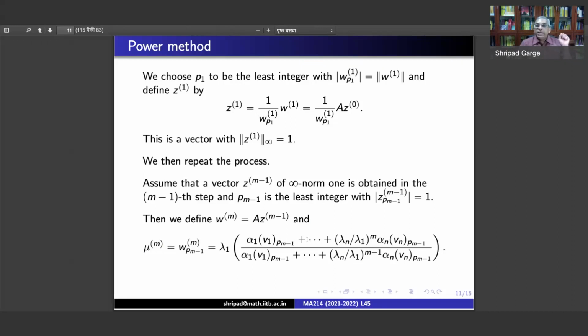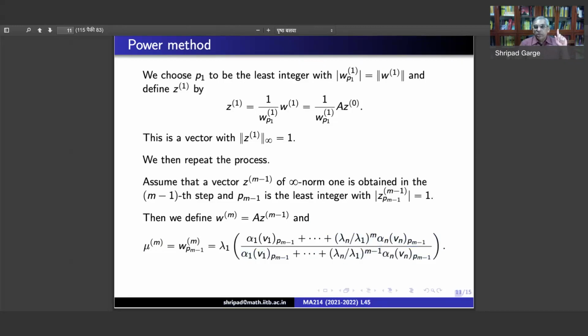The remaining entries in the numerator will have mth power of the quotient lambda i upon lambda 1, and the denominator will have m minus 1th power of lambda i upon lambda 1. The first entry will remain the same for both the numerator and denominator.